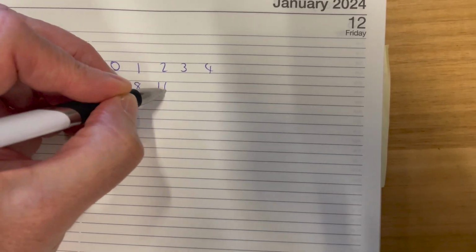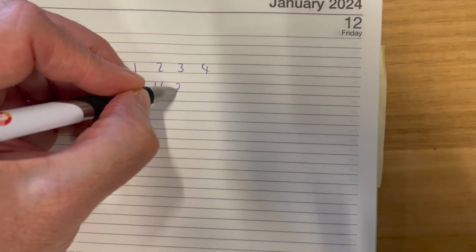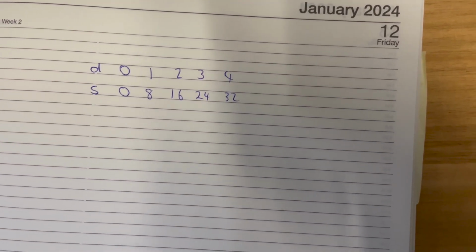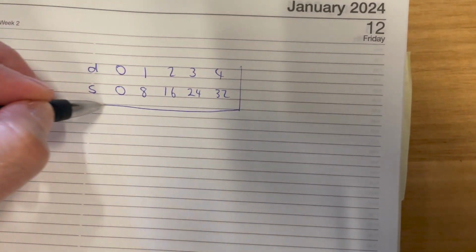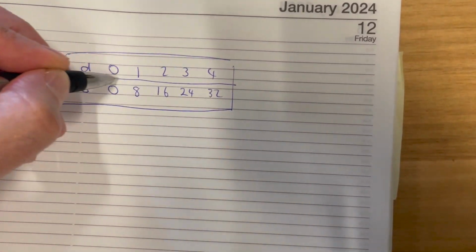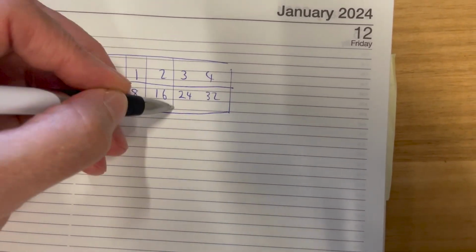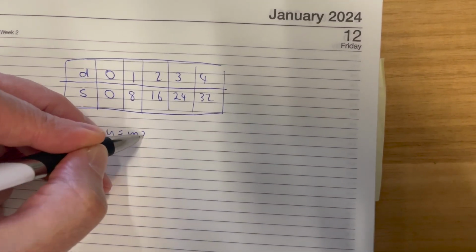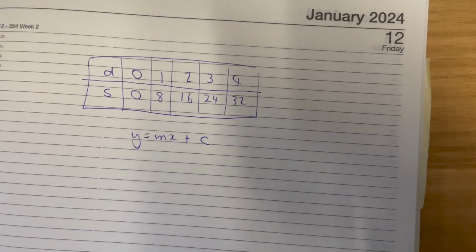After 2 days it'll be 16 square kilometres, and then 24, and then 32 square kilometres. So using that table, I would then use that to create a y equals mx plus c equation.